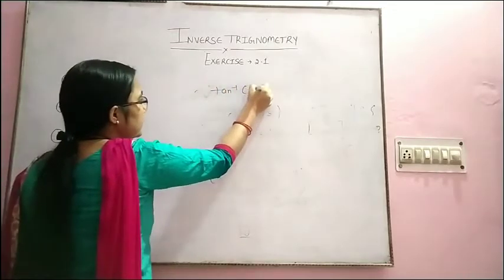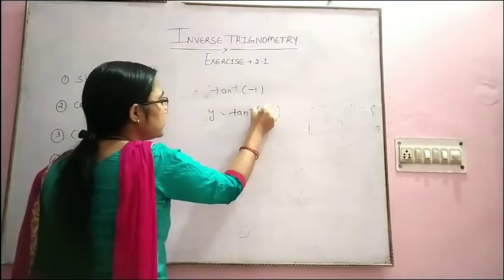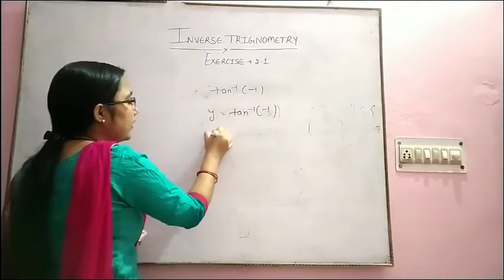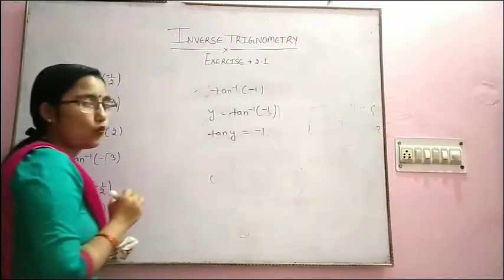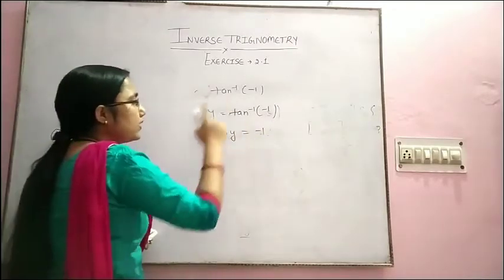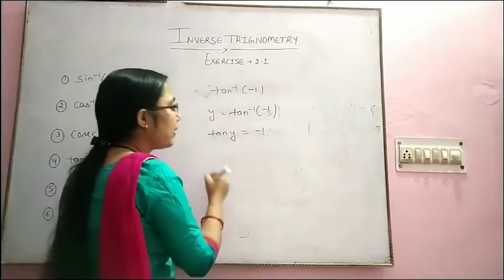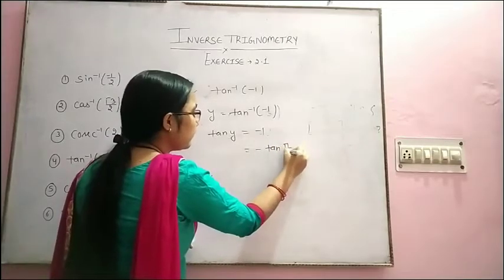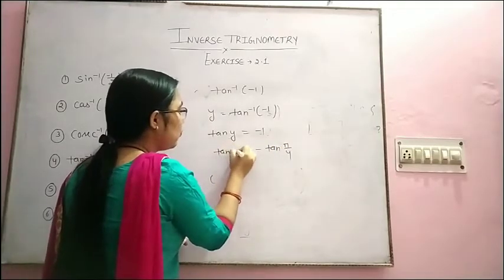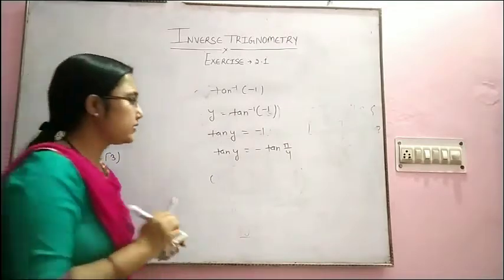Firstly, let y equal tan inverse minus 1. And we can write tan y equals minus 1. And 1, in terms of tan, is tan pi by 4. So minus tan pi by 4 is tan y. And minus tan theta is also written as tan minus theta.